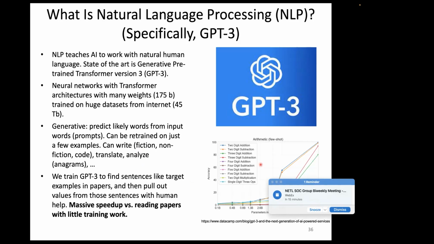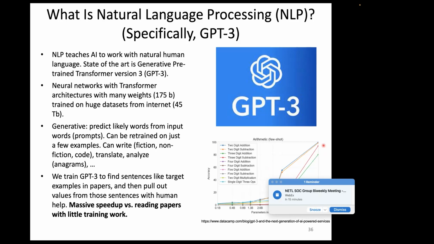So for example, you can show it a handful of examples of addition problems. And because it has seen millions of addition problems in all of the 45 terabytes of text, it will start responding with the correct response to addition. It has effectively learned to do addition up to 2 digits.